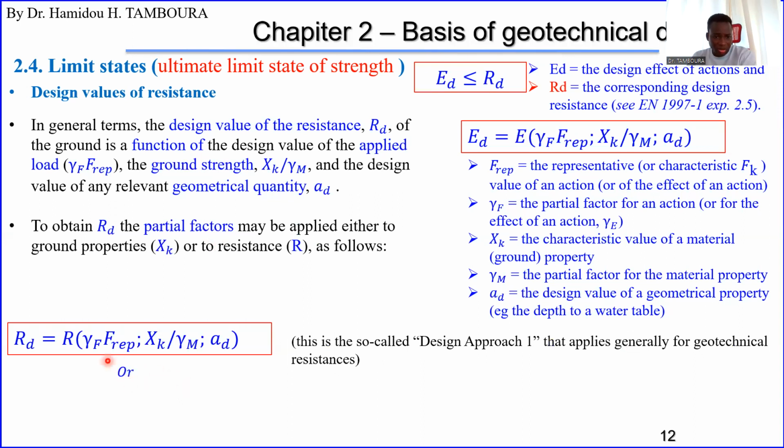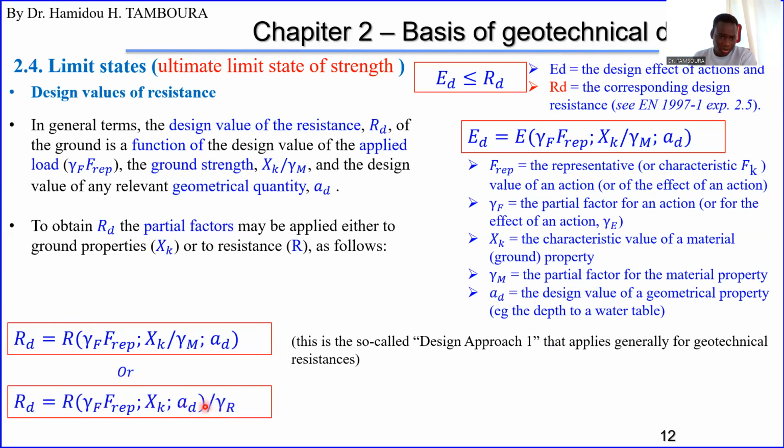We can have also another one. Instead of using this partial factor gamma M, the material, in this case we don't use it. We use this one, gamma R. This gamma R is the partial factor for resistance of the ground.